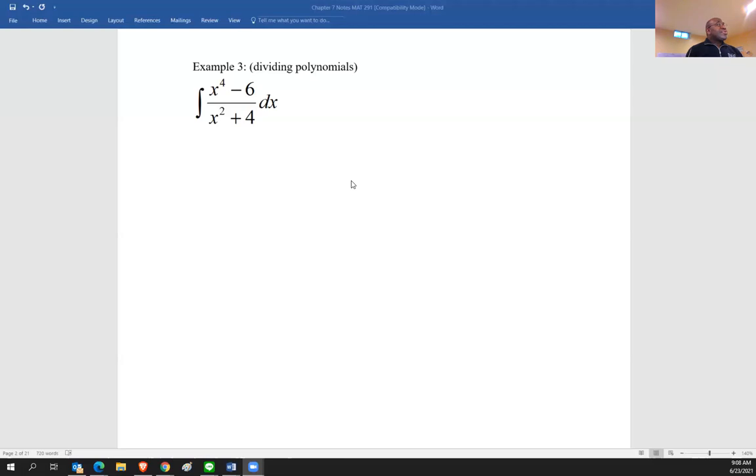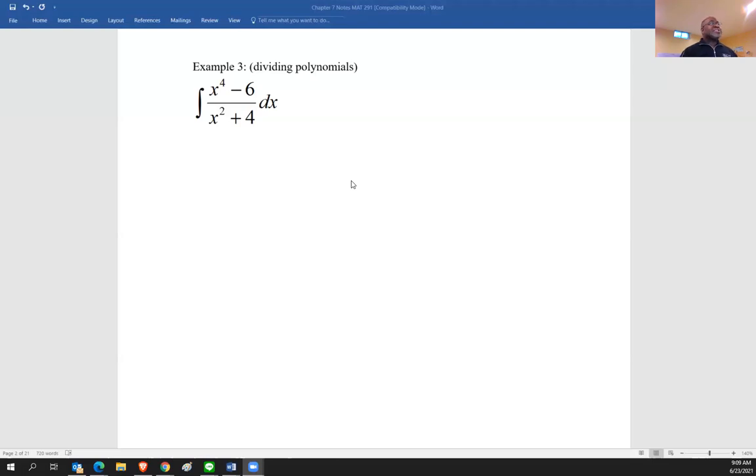All right, so in the third example, we have the integral of x to the fourth minus 6 over x squared plus 4 dx. Now here, you can see in this instance where a separation of the fraction may be warranted, because at least the 6 over x squared plus 4 reminds us of the inverse tangent.